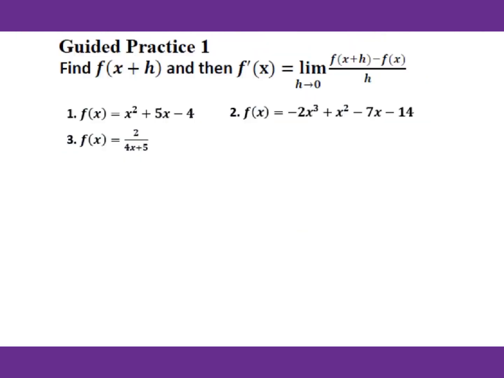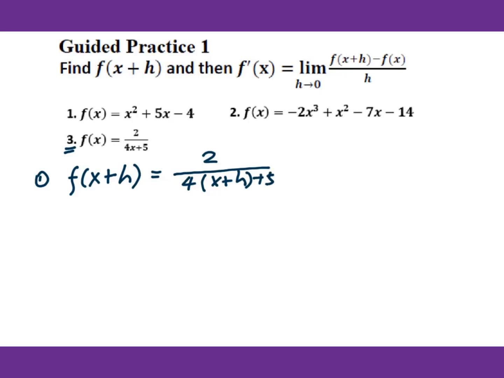Now let's go to number 3. Still, we will work on f(x + h) first. Every single x you change into x + h. We do distributive property for the bottom. I have 4x + 4h + 5.